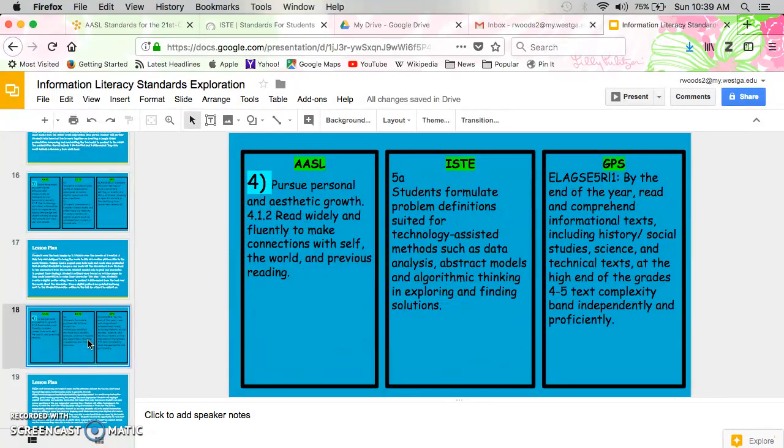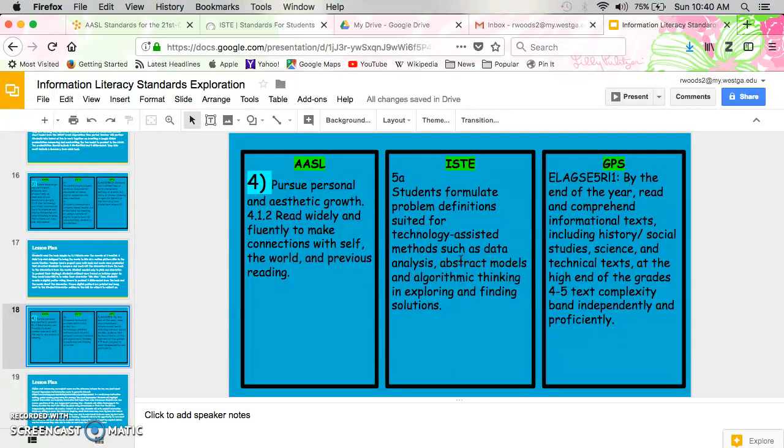The fourth lesson plan starts with the AASL standard, the 21st Century Learner Standard, that students will pursue their personal learning growth, and they're going to do that by reading widely and fluently to make connections from self to world, making text to world connections.